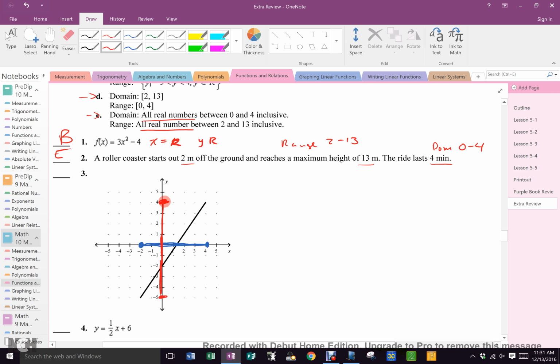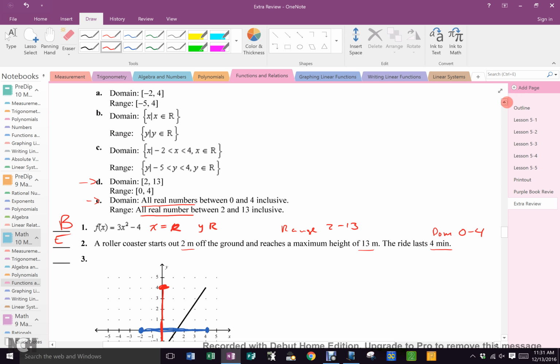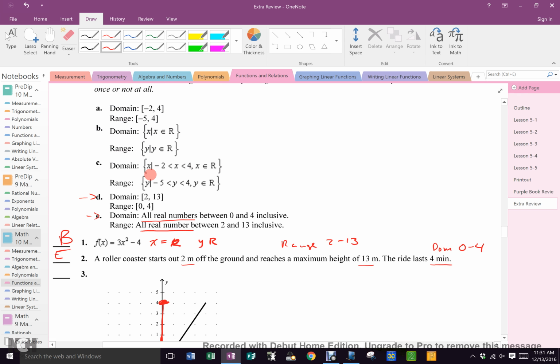Oh, I was just looking around you. Oh, okay. My friends are here. So the range is negative 2 to 4. And the domain is negative 5 to 4.